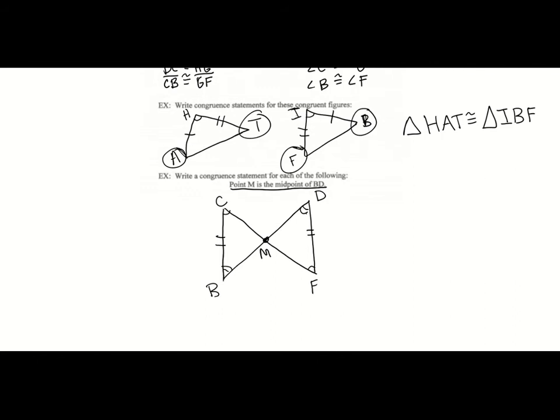So if point M is the midpoint of BD, we know then that this side and this side are the same. So to line up these triangles, we look at triangle CMB. First one we can write in any order.